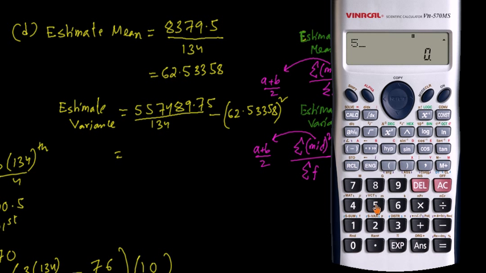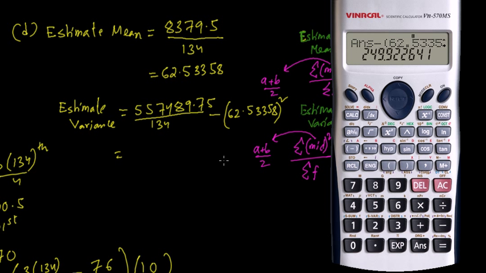So it would be 557489.75 divided by 134. This is what we get, minus, now we need 62.53358 whole squared.